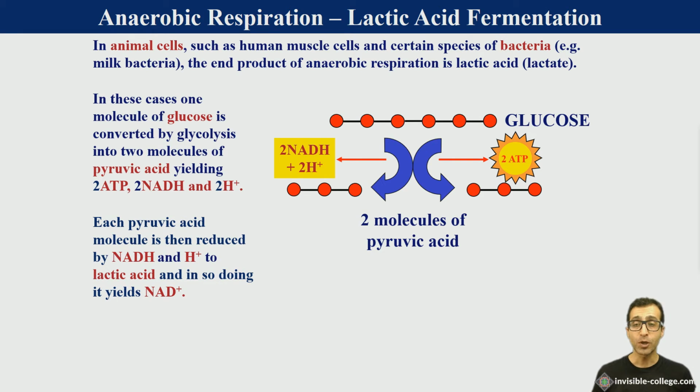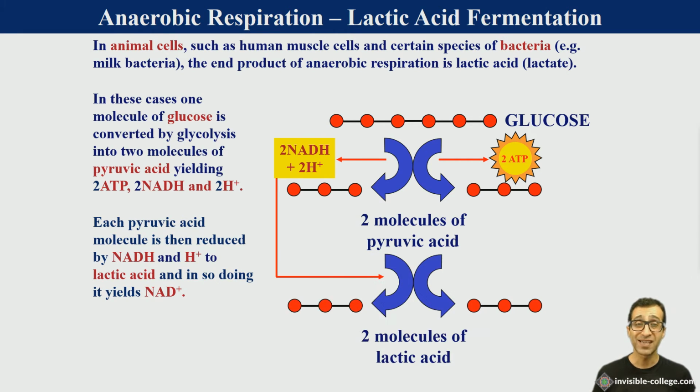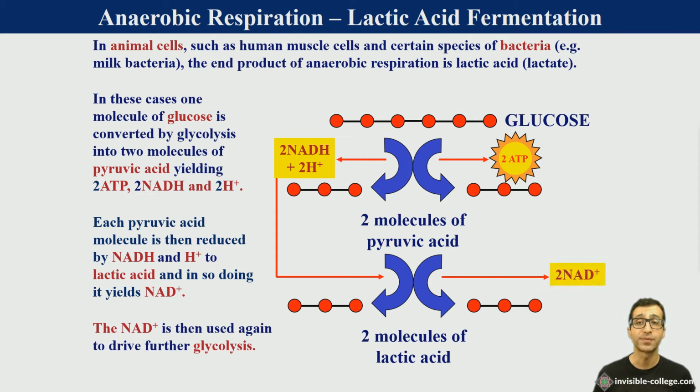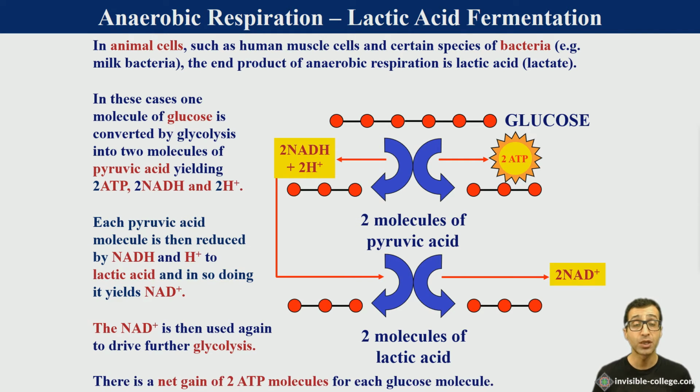Now, those 2 molecules of pyruvic acid are then converted into lactic acid, and then the NAD+ is then used again to drive further glycolysis. Now, during this process, there is a net gain of 2 ATP molecules per glucose molecule.